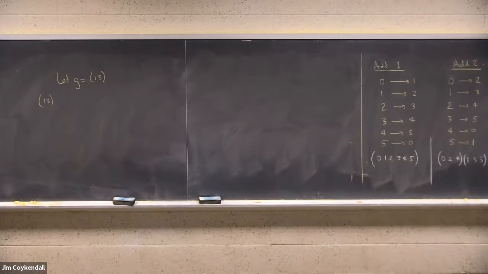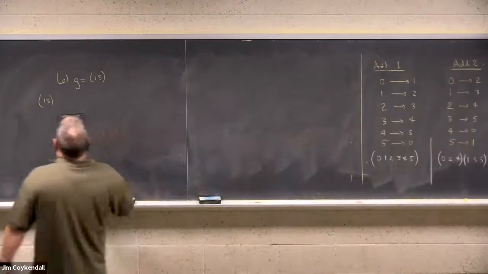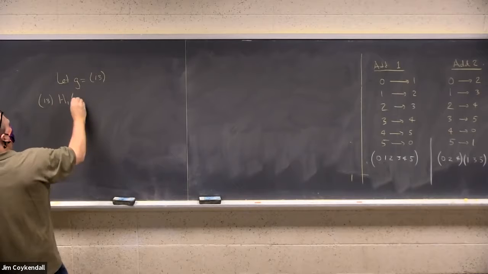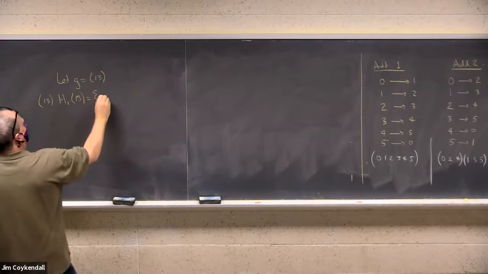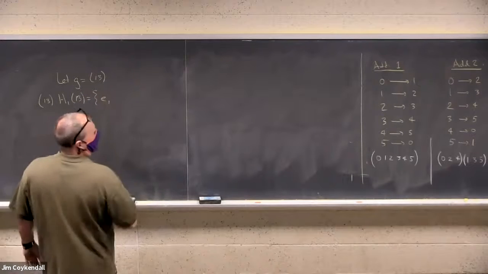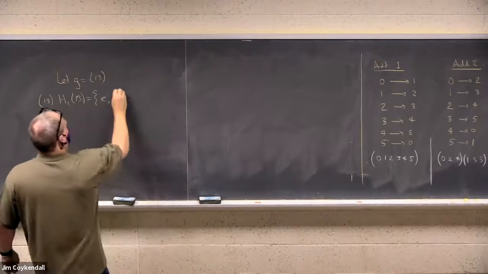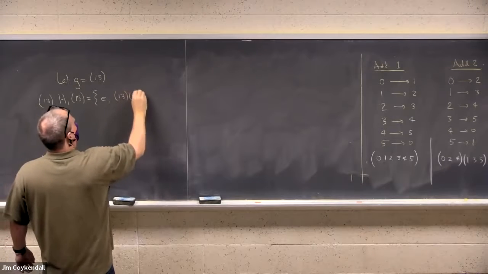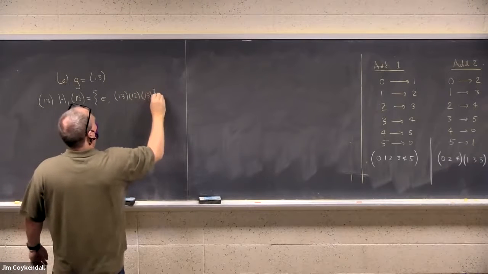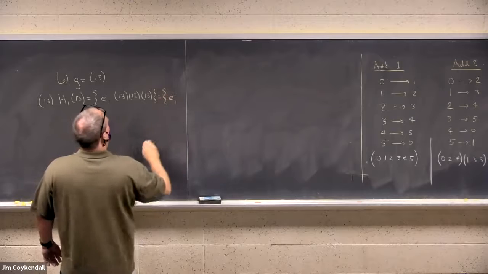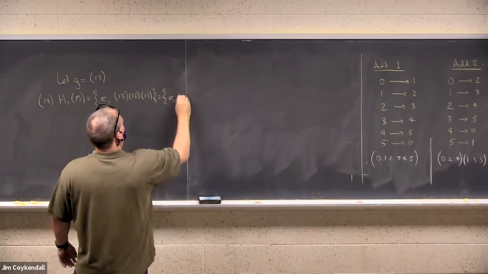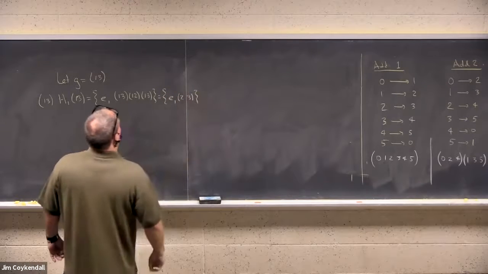Actually, if I had been smarter, I would have called them H1, H2, H3. When I conjugate H1 by (1 3), I get E, and then (1 3)(1 2)(1 3): 1 goes to 3 and back to 1, so this must be (2 3). Okay.